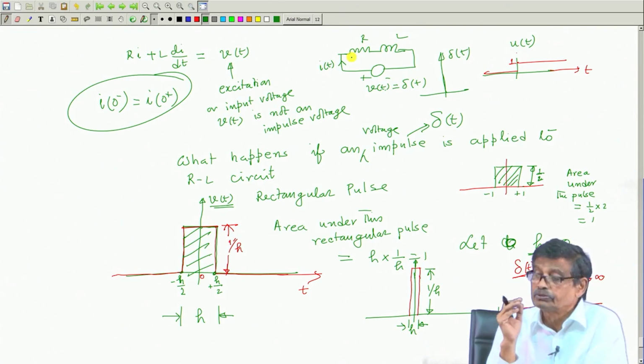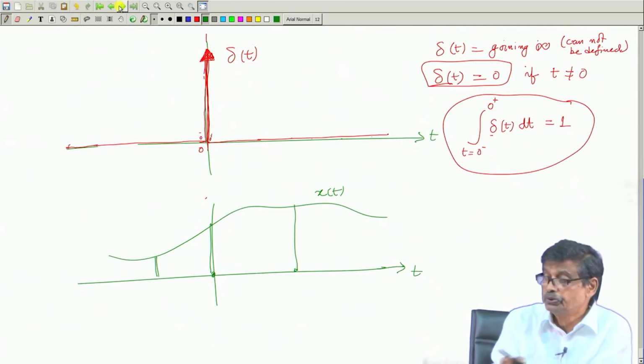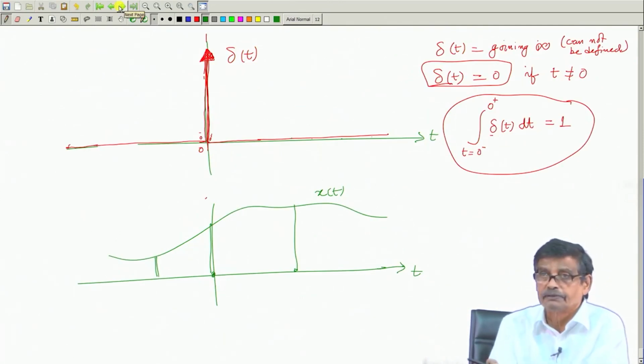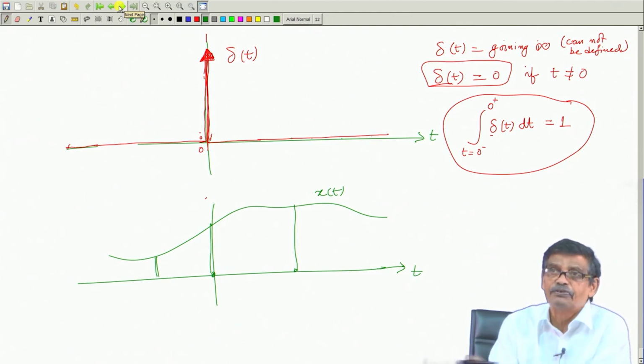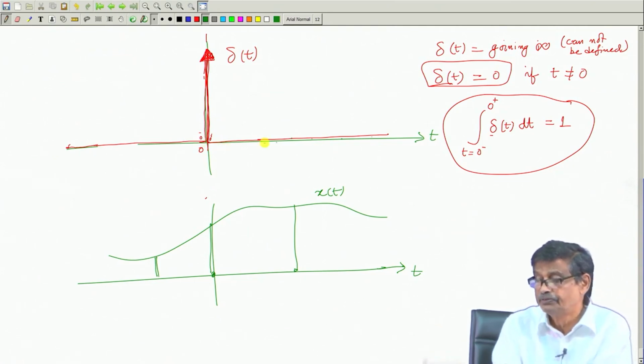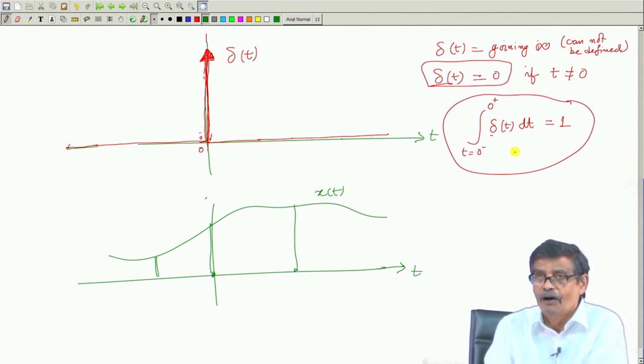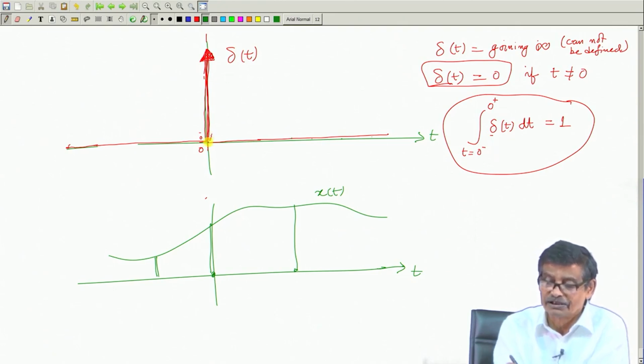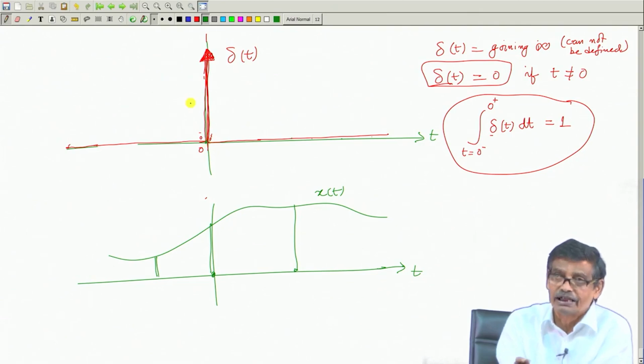For that I must know what an impulse function is, and about this you should not have any doubt. Looking at it, the impulse function is one of the simplest functions. It does not exist anywhere for t less than 0 or for t greater than 0. Only some impulse is present at a single point, close to a single point, 0 minus to 0 plus.